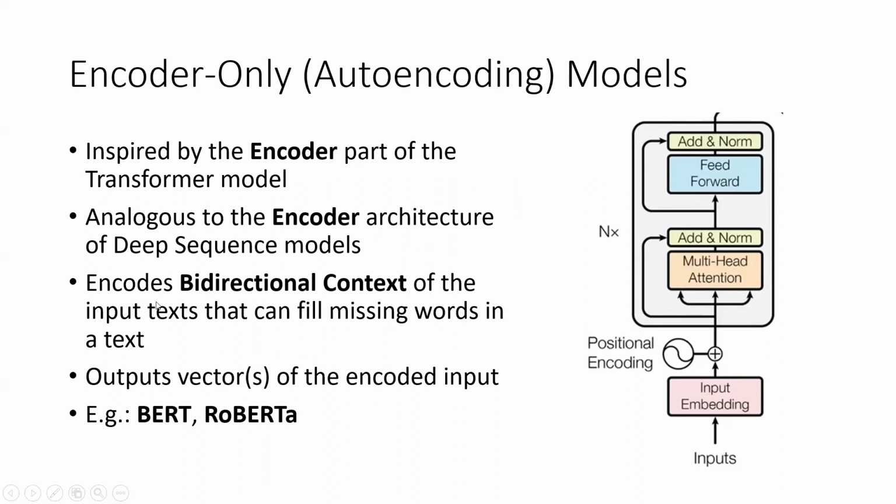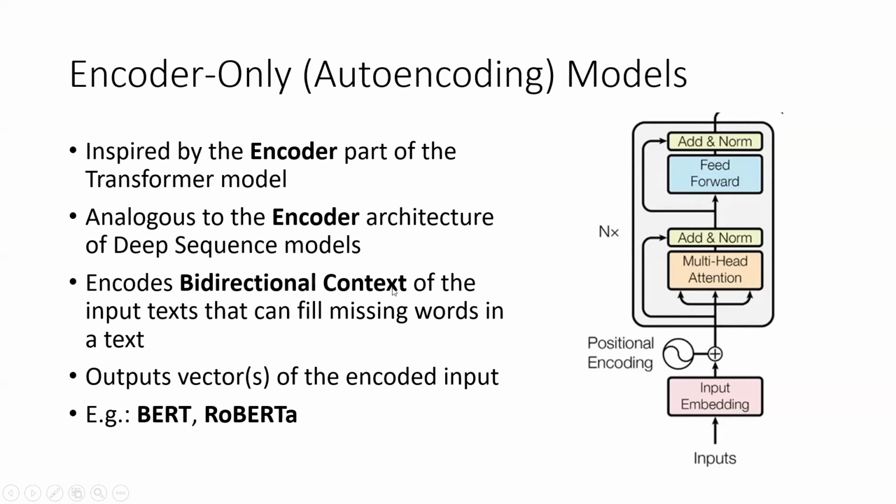This has an analogy which is similar to the encoder of the RNN architecture, right? It is similar to the encoder part of the RNN, and it can learn the information in the bidirectional context.